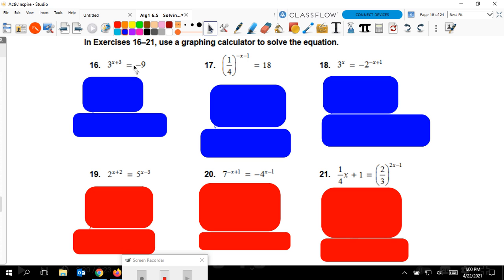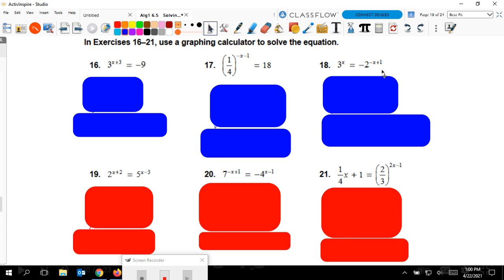So that might be a little more challenging. When this is a 3, I can make this 3 squared, but that's going to be a little bit hard there. So the way we'd want to do these, like changing a 1/4, changing 18 into something where we can make that the same base, you really can't. You can't make a 3 and a negative 9 into the same base. There's just no way possible to do that.